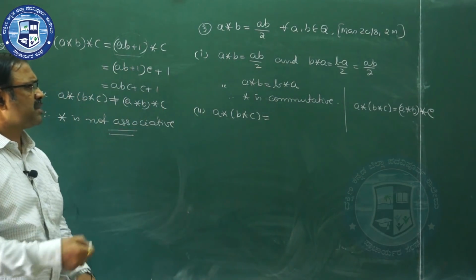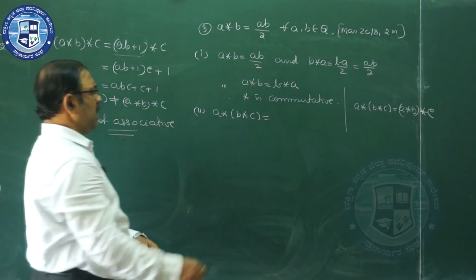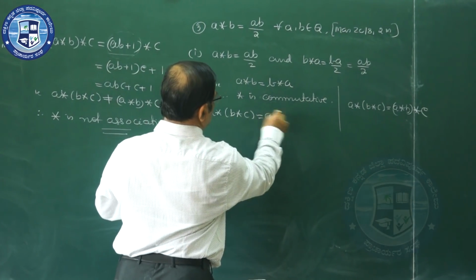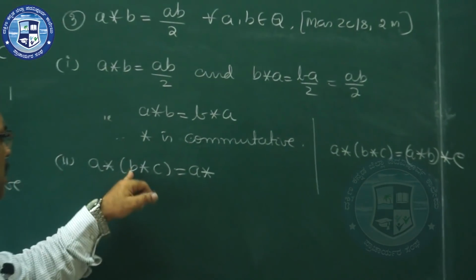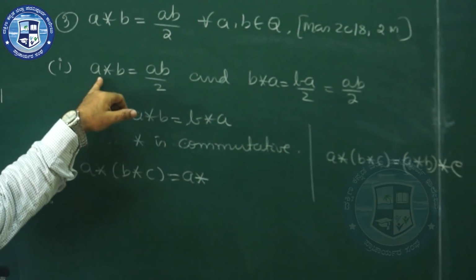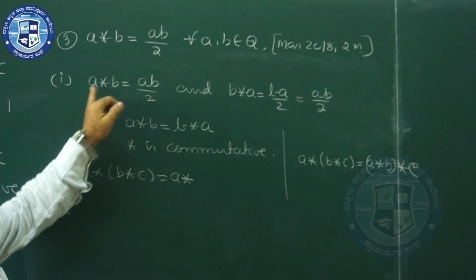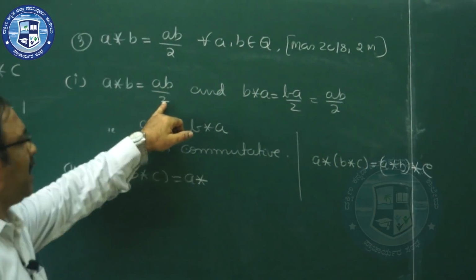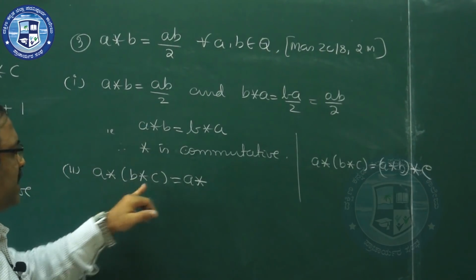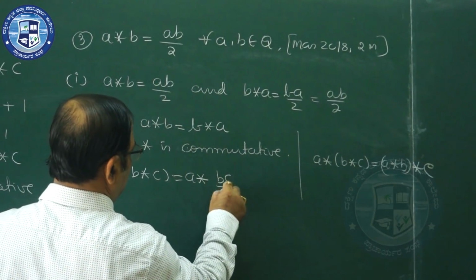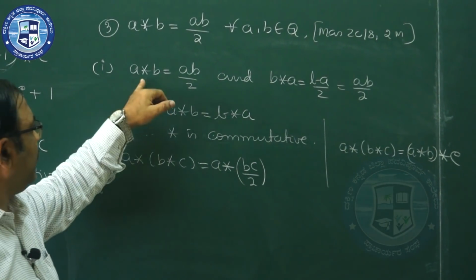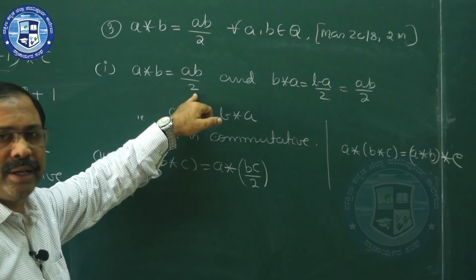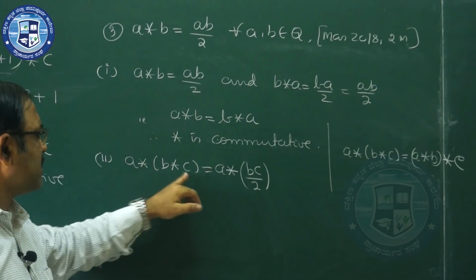Now this is A star (B star C). What is A star B? A star B is AB by 2. What is B star C? BC by 2.